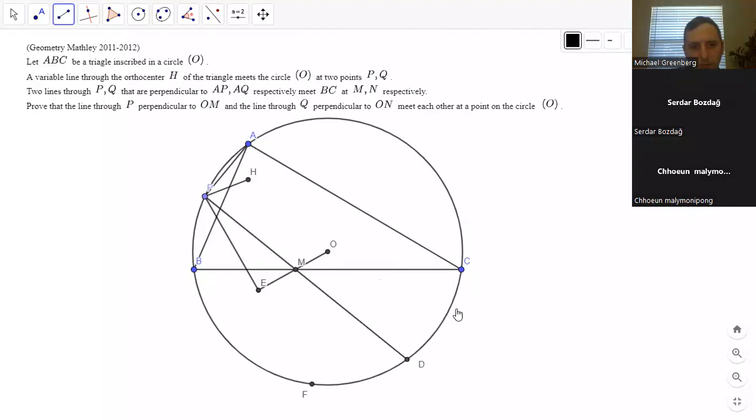Can you draw AD? I don't know if it's worth drawing.